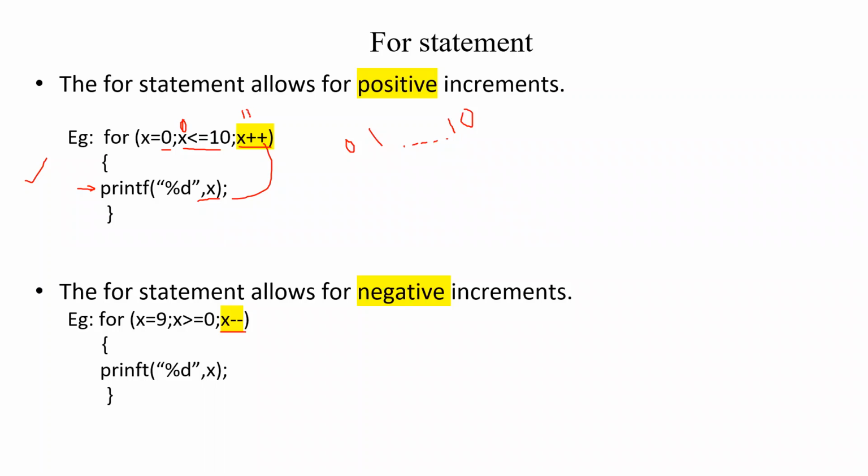Now the x value will be 11. Now it checks whether the x value is less than or equal to 10. When x is 11, 11 is not less than or equal to 10. Now the condition is false, so it will not execute printf. It will move to the next line after the body of the loop. So it will print only from 0 to 10. Now move towards the next for loop.